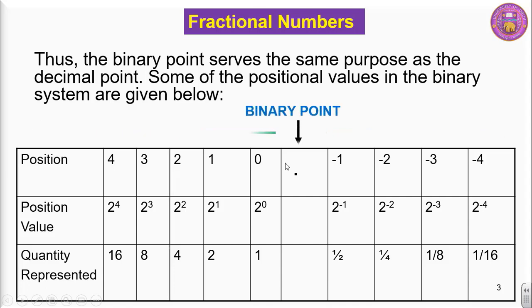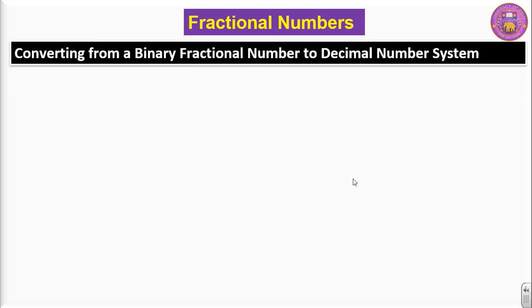The values which are shown on the right side, that is in the red arrow, they are fractional numbers. This is just for reference purpose. Now let us take up two examples to understand how to handle fractional numbers in case we are converting from a binary fractional number to decimal number system.